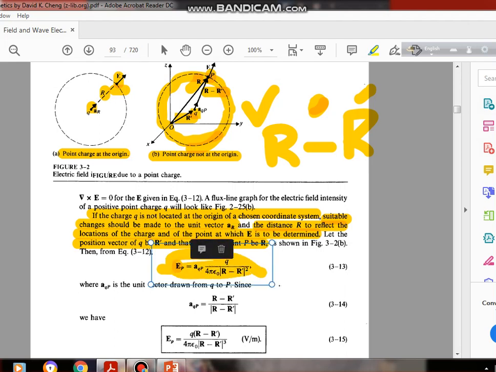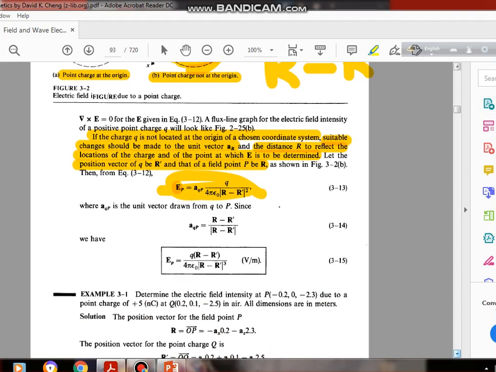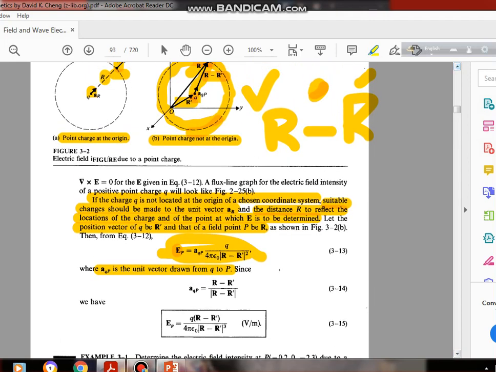From the previous equation we can now write it by replacing r square with the square of r minus r dash, which is the distance between these two points. Now a_QP is the unit vector from q to P, as you can see here in the direction of r dash and r, the q and P. So a_QP is drawn from q to P.